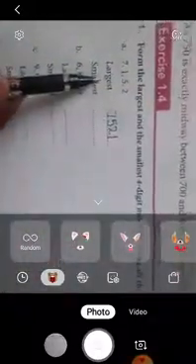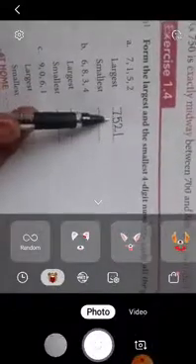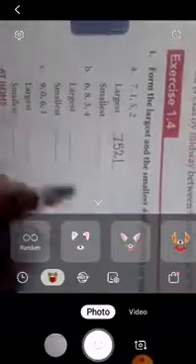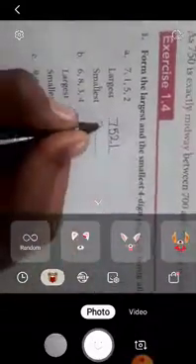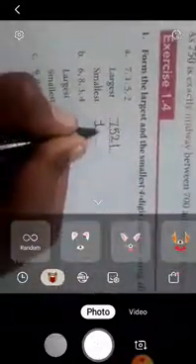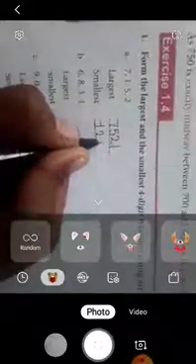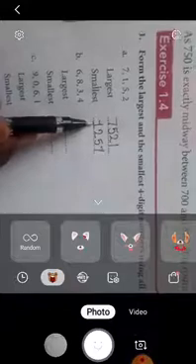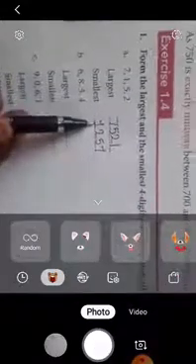The largest four-digit number is 7521, and the smallest number is 1257.